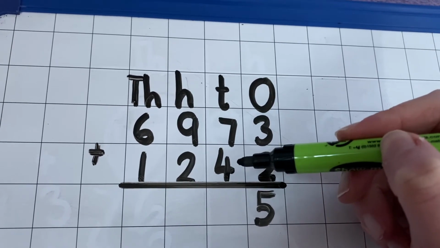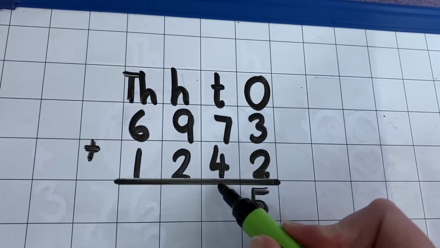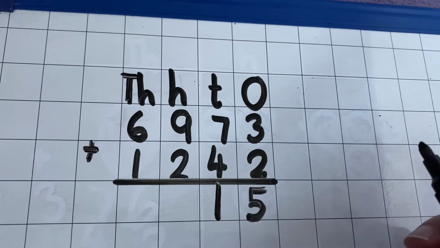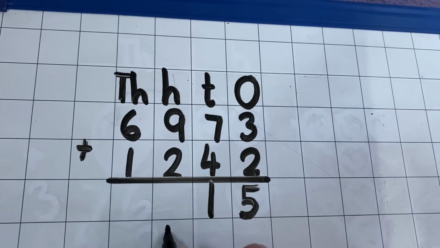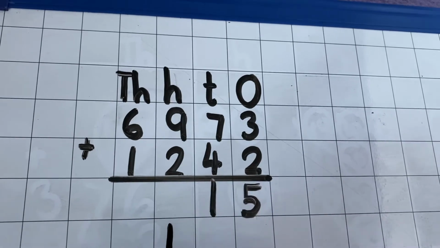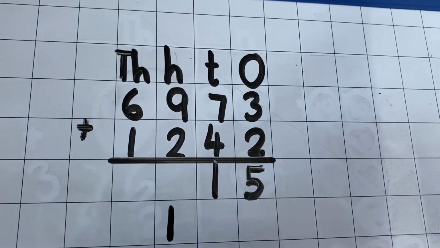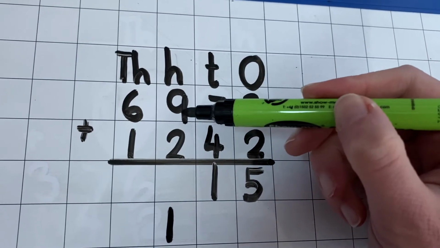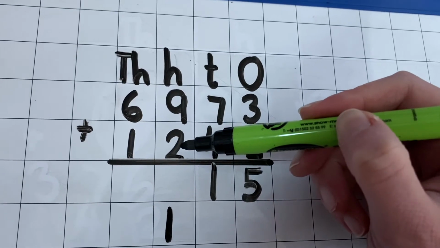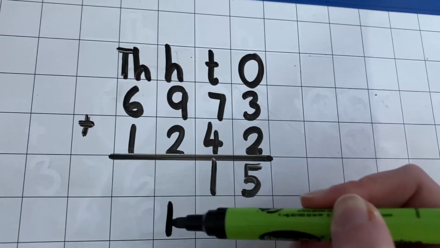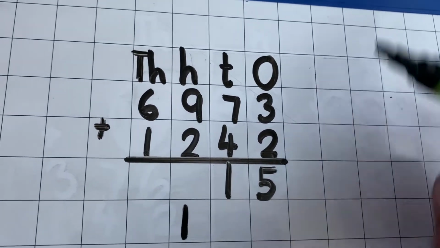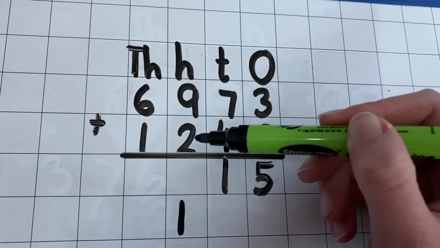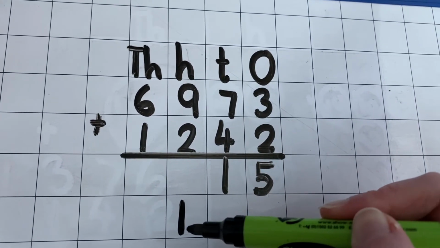Therefore, I need to make an exchange. I put my 10 in the tens column and I carry 100 underneath to make the exchange. Here I have 900, add 200, and I need to add the exchanged 100.